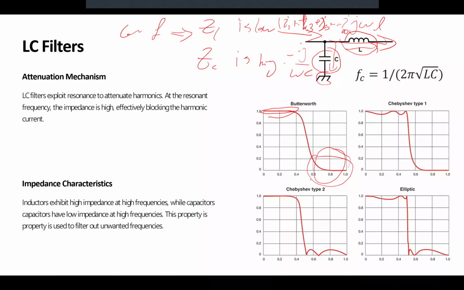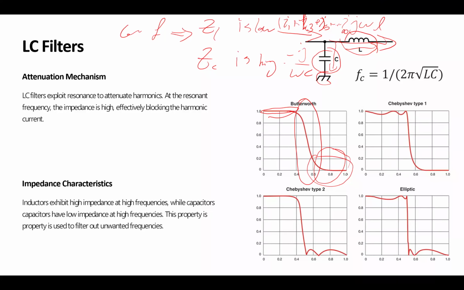Now, before I go, there is a frequency that divides the pass-through band and the mitigation band. Below a certain frequency, we let the harmonics go with minimum damping.